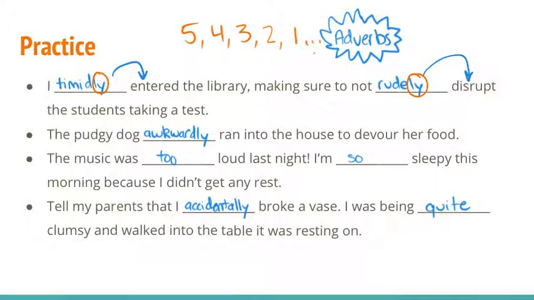Next, the pudgy dog awkwardly ran into the house to devour her food. Awkwardly, that is describing how my dog ran into the house, and we are still seeing that ly addition. The music was too loud last night. I'm so sleepy this morning because I didn't get any rest. No adjective translation here, but we are seeing these right here.